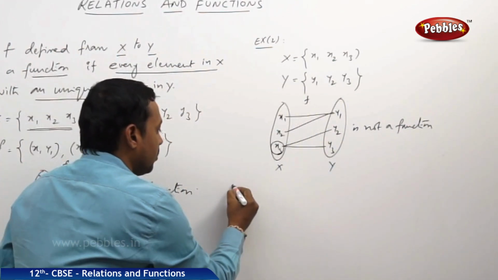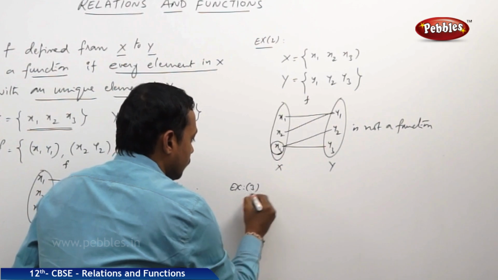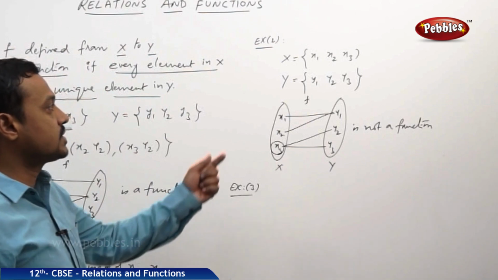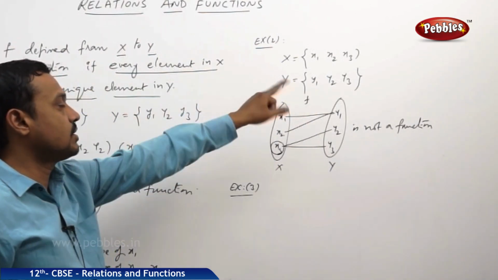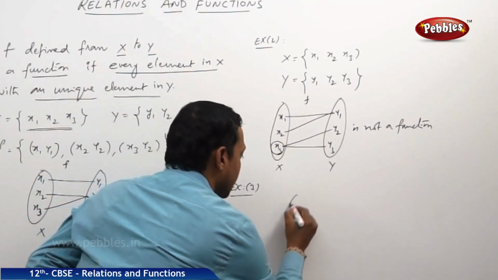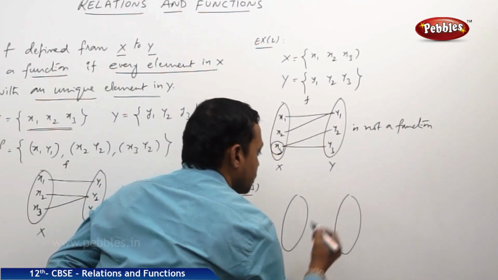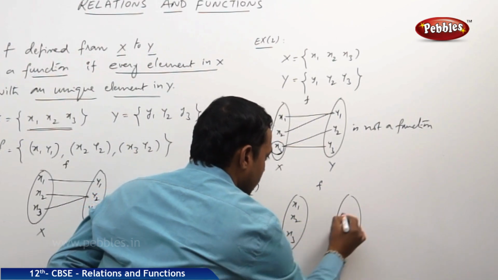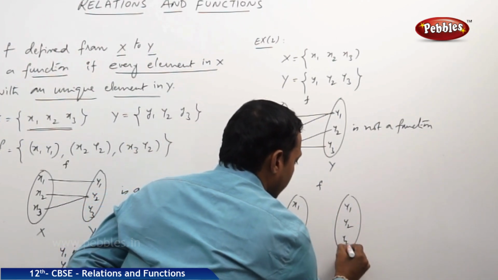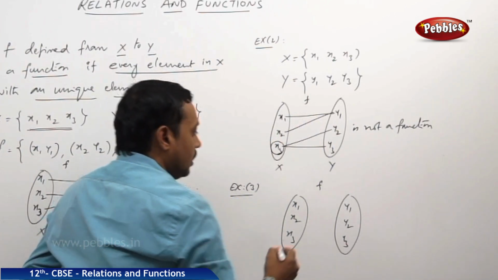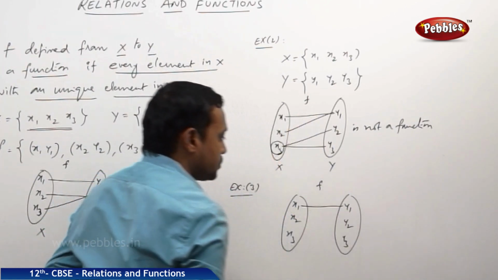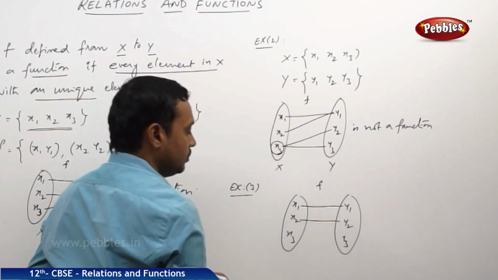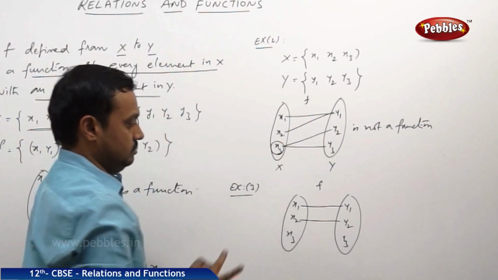Now take one more example. Suppose x is the same set x1, x2, x3, and I am taking the same set y as y1, y2, y3, and let us take one more relation f, where x1 maps to y1, x2 maps to y2, that's all.